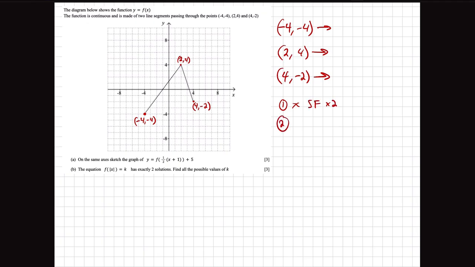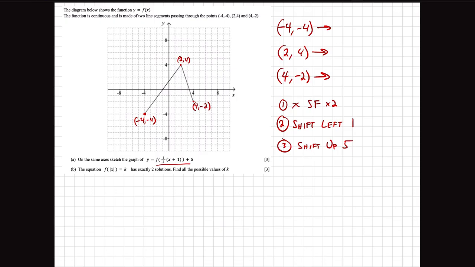Second thing we're going to do is shift left 1 unit. And then third thing we're going to do is shift up 5 units. So those three things are what we're going to do, and we're going to make sure we do them in that order, because I have f of 1/2 x plus 1 in parentheses and then plus 5.